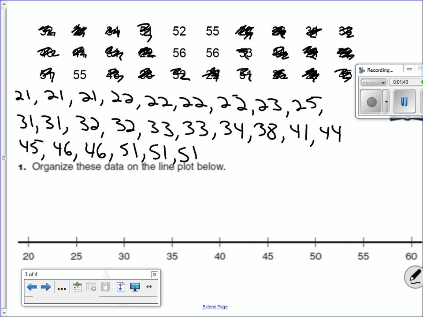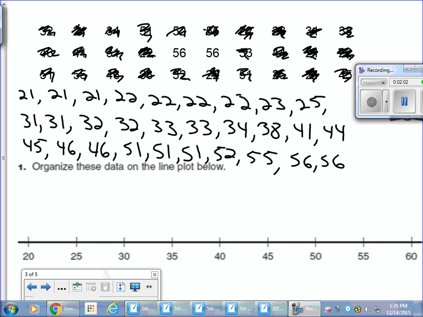Got a 52 here. Got a 53, no, 54, no. I have two 55s. And then two 56s. Okay, once I have these numbers, I have to put them on the plot here.